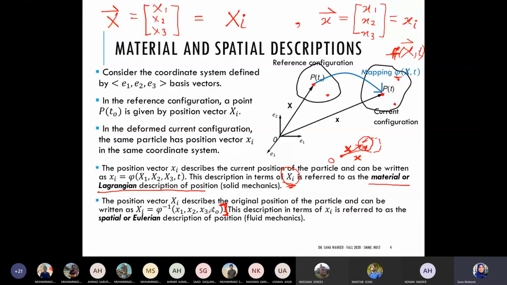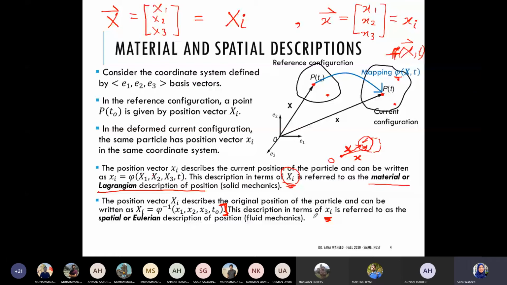So for example, I could use the inverse mapping to represent the reference configuration. मतलब ये कि मैं कहूँ अच्छा मुझे इसकी final position पता है कि at अभी जो भी time था उस पे ये small xi पे है, लेकिन अगर मुझे t naught पे निकालनी हो उसकी position, then I can use, okay same यही वाला particle originally t naught पे कहाँ था, उसका capital xi क्या था, लेकिन मकसद ये हुआ कि when I do this I am describing a property in terms of small xi. मतलब ये कि particle की current position की terms में I am describing, let's say, its temperature or its stress or whatever it may be.